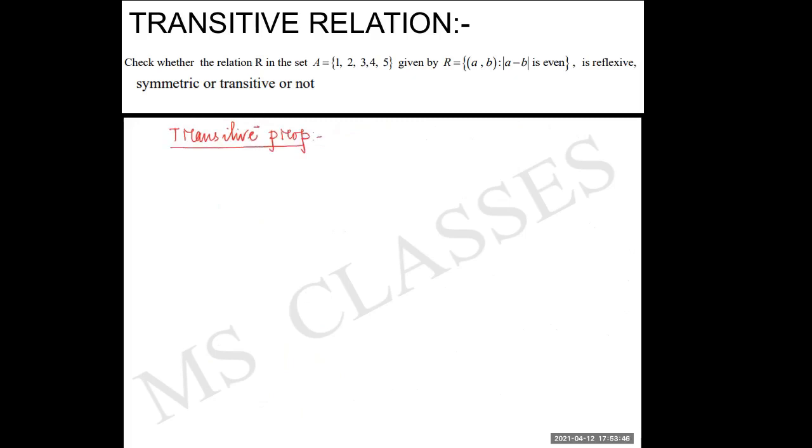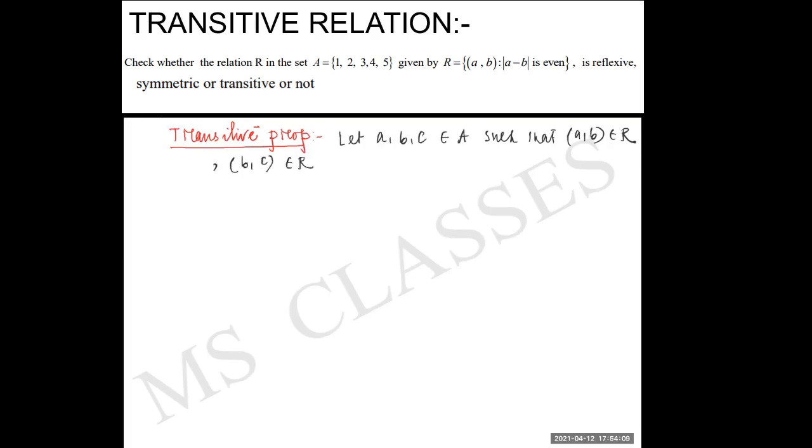Let A, B, C belong to A such that (A, B) belongs to R and (B, C) belongs to R. This is our assumption.